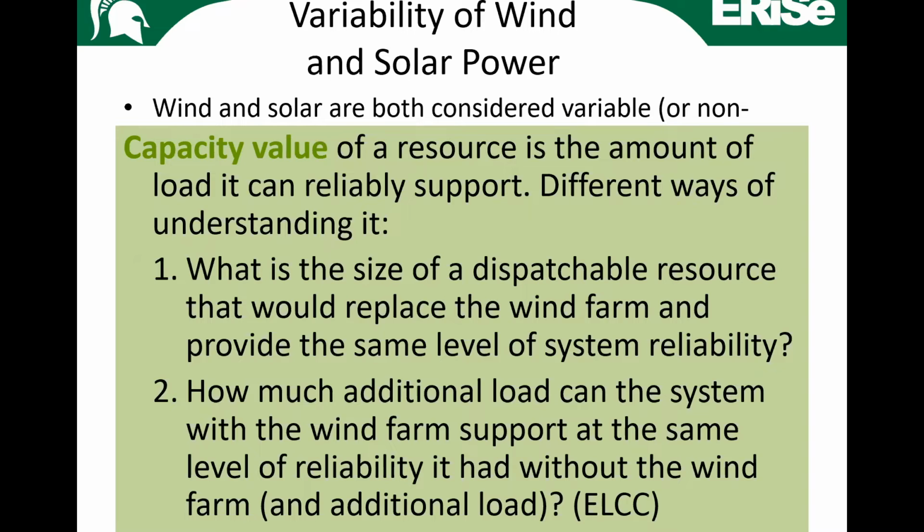So that should give you a sense of what the capacity value is. Then that 100 megawatt wind farm would have a capacity value of 20 or 25 megawatts or thereabouts.